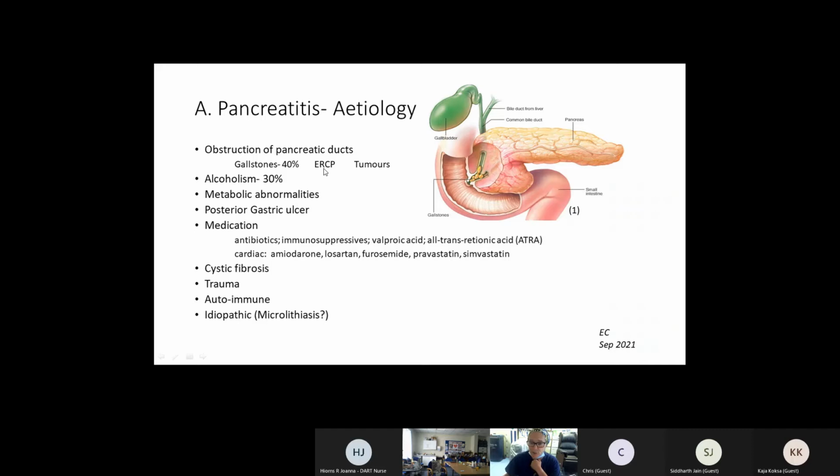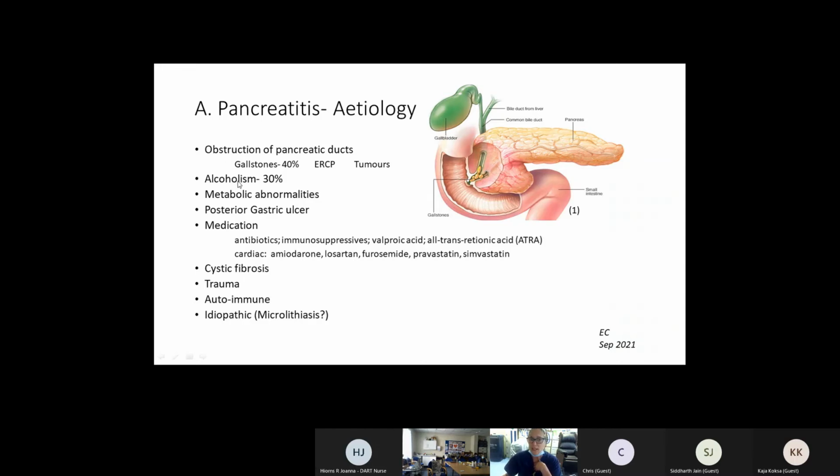So in the effort to try and remove the gallstones through an ERCP, we're going to increase the pressure in the pancreatic duct, and the enzymes that should be activated inside the duodenum are going to be activated inside the pancreas.